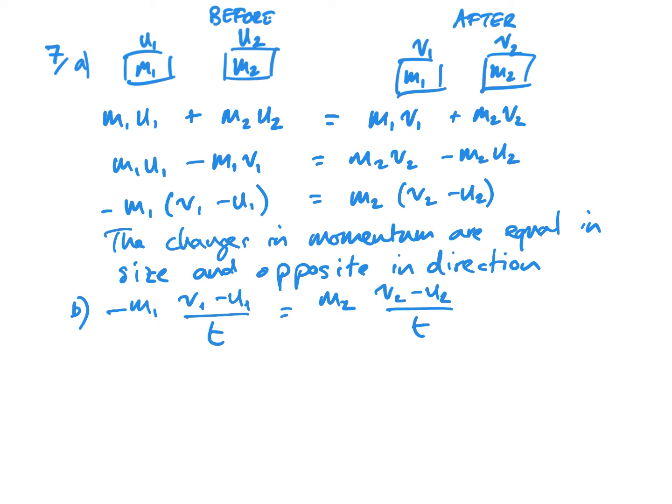So I've divided both sides of what I had up here by t, and what I have now is minus m1 a1 equals m2 a2, so minus the force on object 1 is equal to the force on object 2, and that is a statement of Newton's third law.